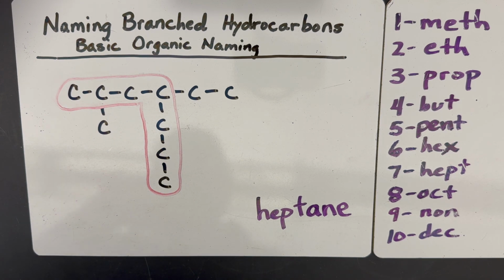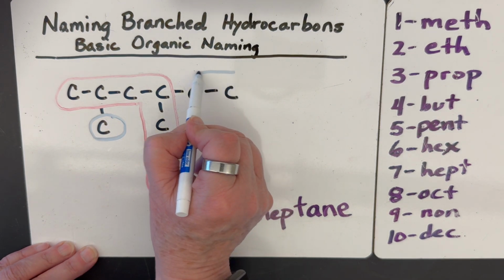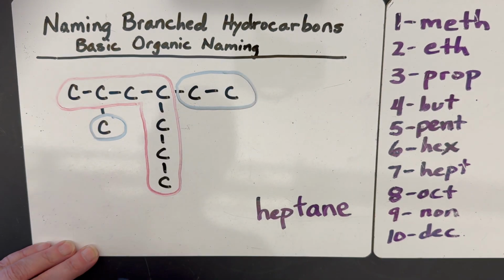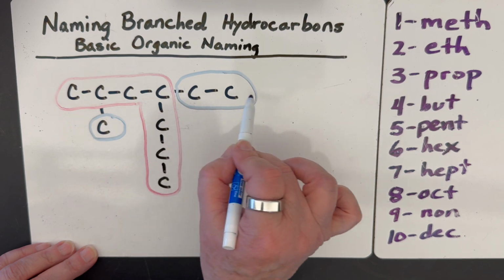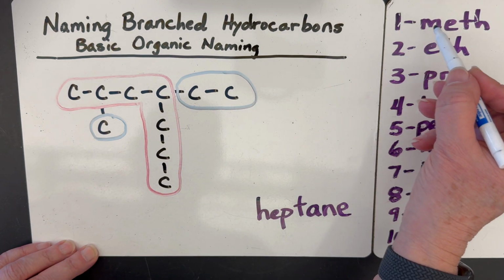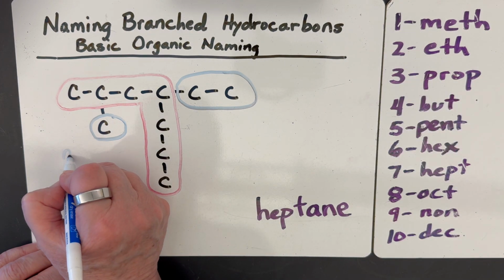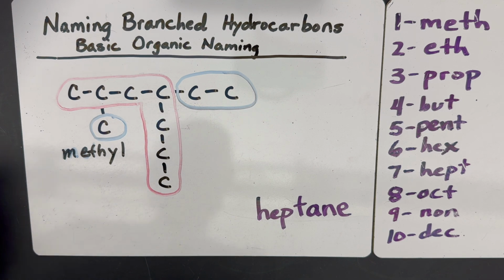And we need to name our side groups. We have 2 hanging outside of the red this time. We have this one, and we have this side group. This one's by itself. These 2 are together. So this one that's by itself, we're going to look over here, 1 is meth, and then it's a side group, so methyl.